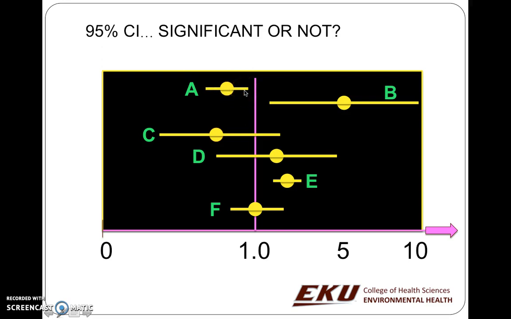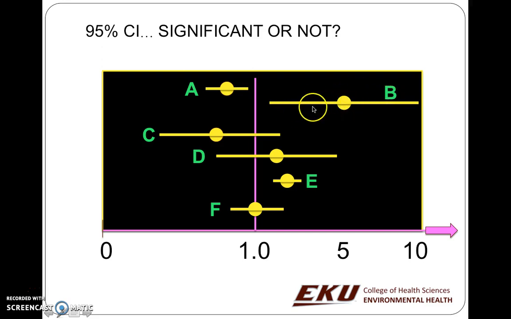So for letter A, letter B, letter C, letter D, letter E, and letter F, you should be able to go through those and make a determination of whether or not they are significant or not. So letter A, does the 95% confidence interval cross 1? No, it does not. This is all in the protective range. So we would say that that is significant.